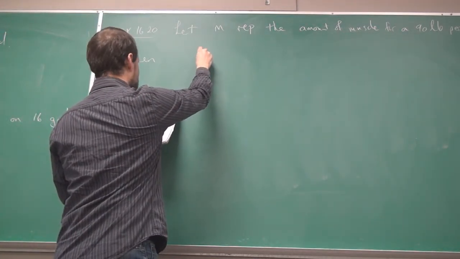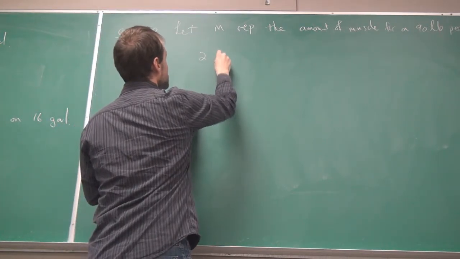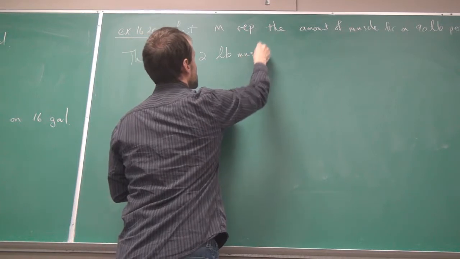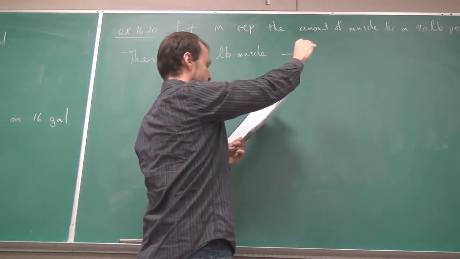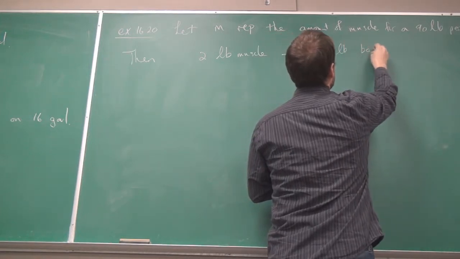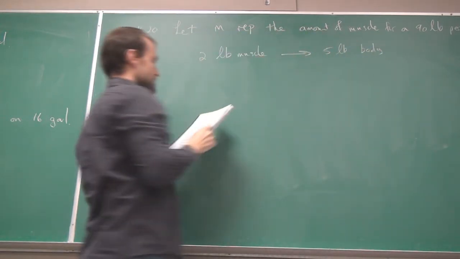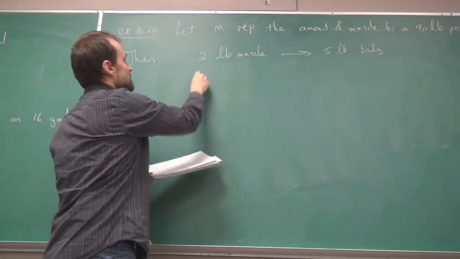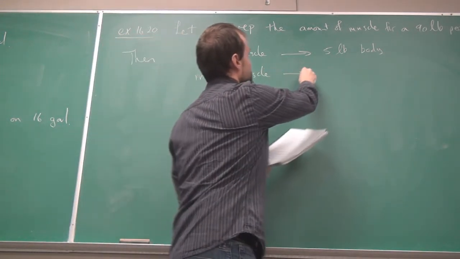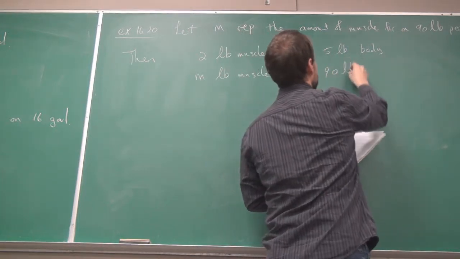First of all, they say 2 pounds of muscle. Let's write it out. 2 pounds of muscle correspond to 5 pounds of body weight. M pounds of muscle correspond to 90 pounds of body weight.